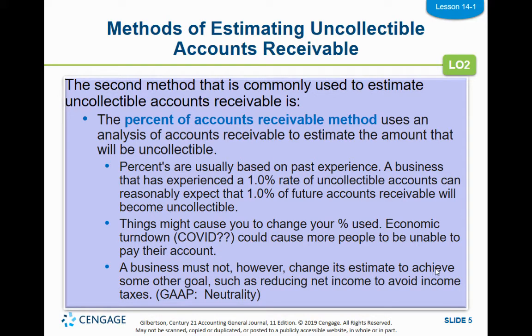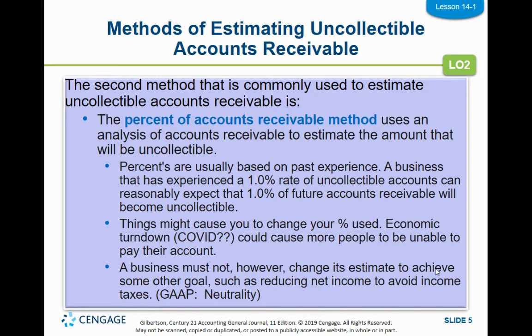So if a business has a 1% rate of uncollectible accounts in one fiscal period, they can probably estimate that they're going to have about that same percentage in future accounts receivable. There are things that could make this change.